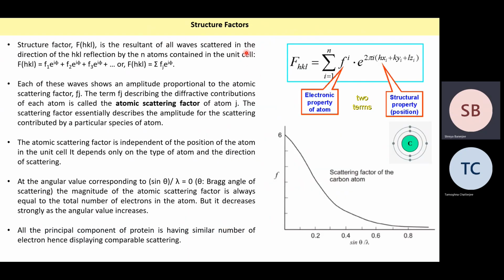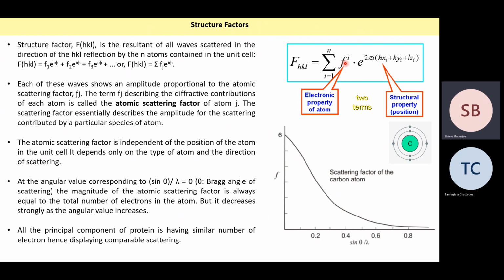So now we will look deeper into this structure factor. The structure factor, or FHKL, is the resultant of all waves scattered in the direction of the HKL reflection by n atoms contained in the unit cell. So the structure factor is a summation.